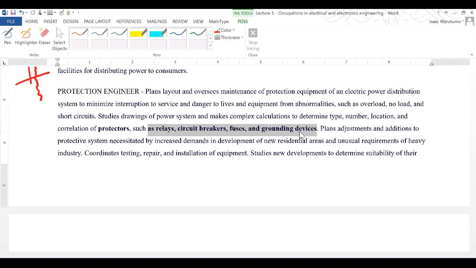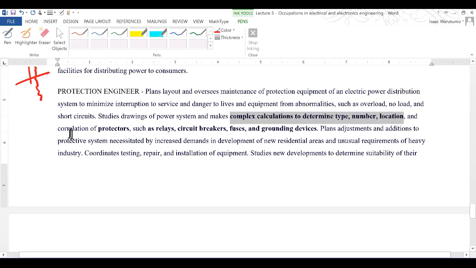So what we are saying is that engineers should do proper mathematics, the complex calculations, to determine the number and location of breakers, so that blackouts caused by such natural phenomena are reduced to the optimal level, and only when it is dangerous do you have such a power breakout.